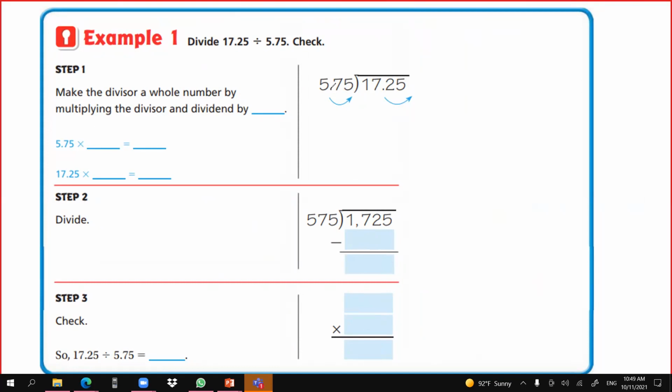I need to go to the divisor first in order to move the decimal point to keep it a whole number. How many digits should I move the decimal point? 2. Thank you. So here we have 5.75.